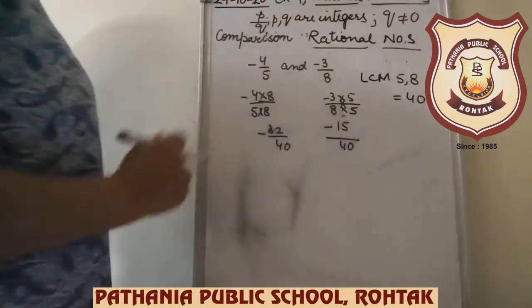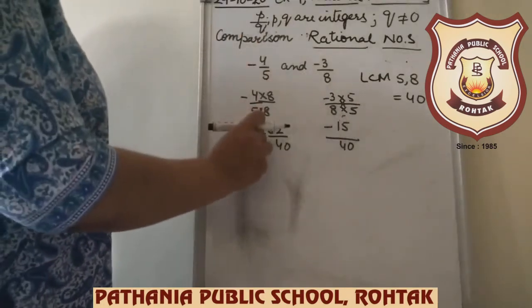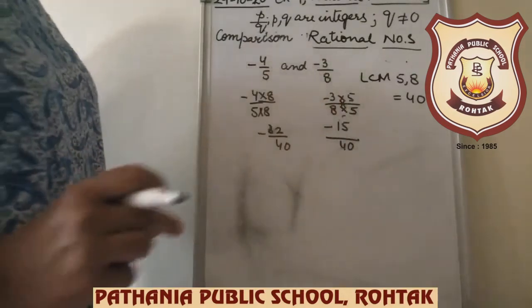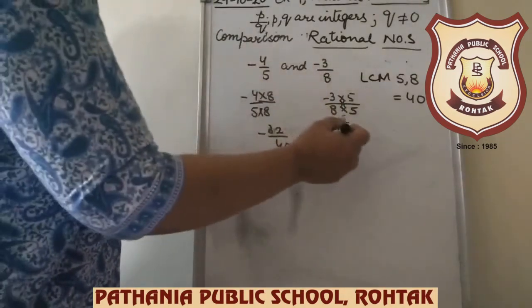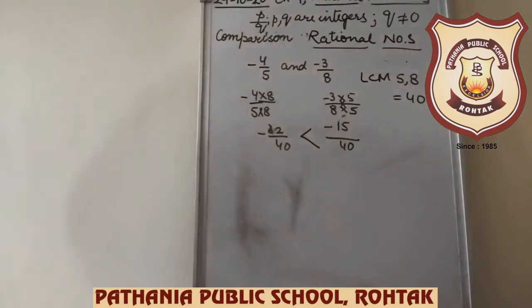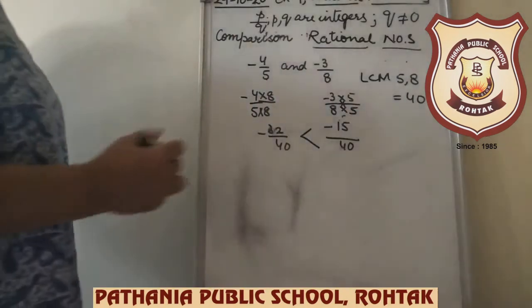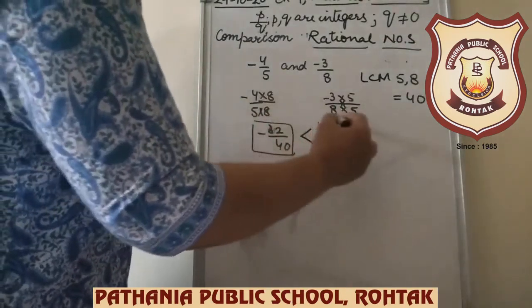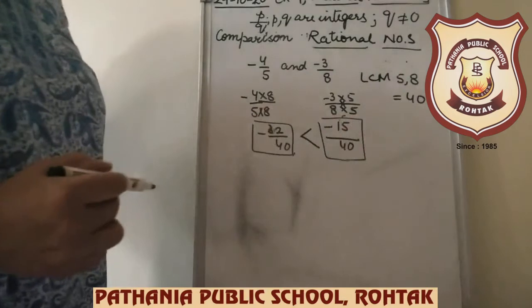Now the denominators are the same. This is negative 32 and this is negative 15. So which one is bigger? Minus 15 upon 40 is bigger.